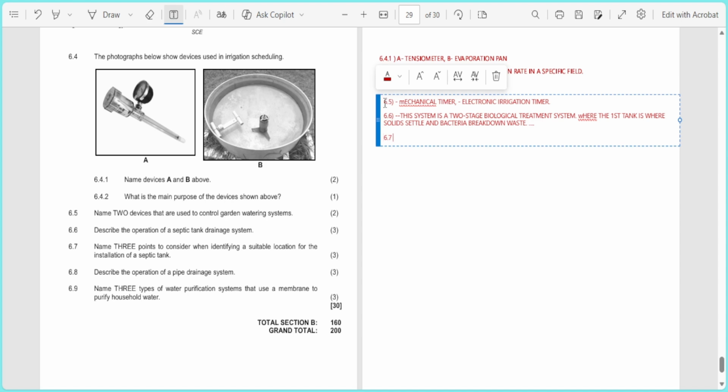6.7, name 3 points to consider when identifying a suitable location for the installation of a septic tank.